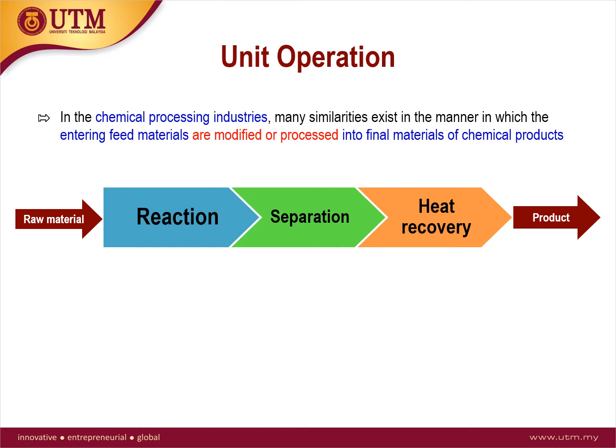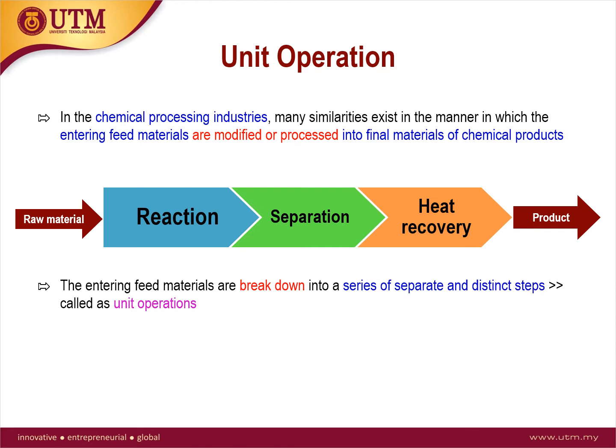Reaction is a process in which components react with other components to form a new component. Separation is a process of separating a mixture into separate streams. Heat recovery is a process in which heating or cooling processes are involved.